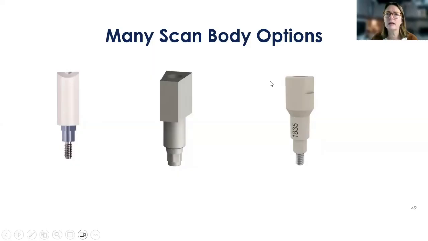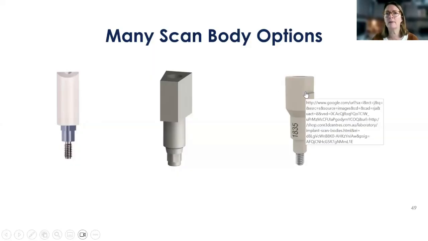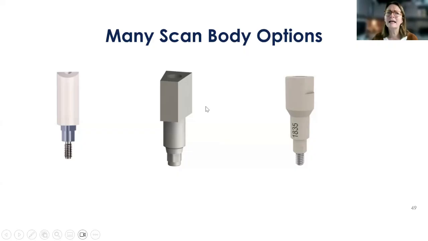Notice each scan body identified here on the page has some unique identifier to it. So it's either a slant, the occlusal surface might have a specific angle to it. It could be a divot, it could be a dimple. They're referred to as key identifiers.